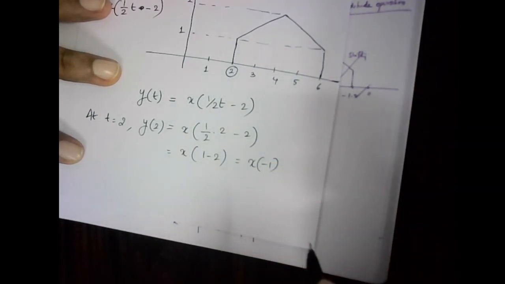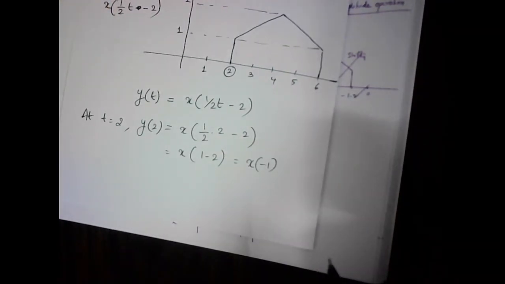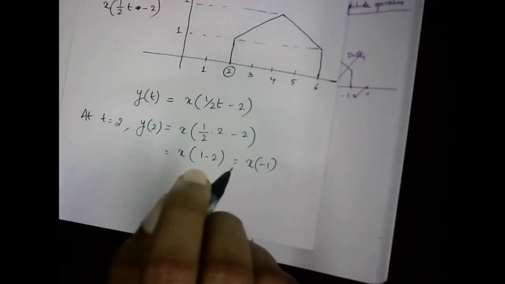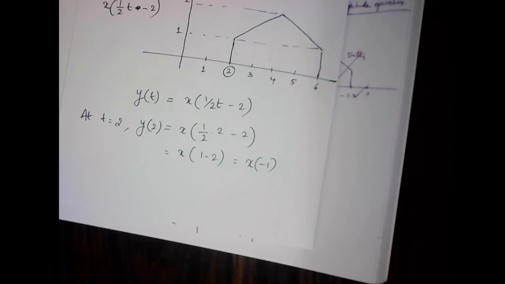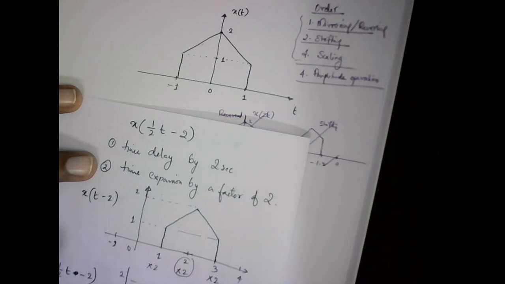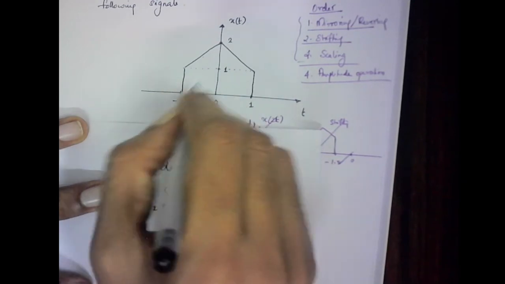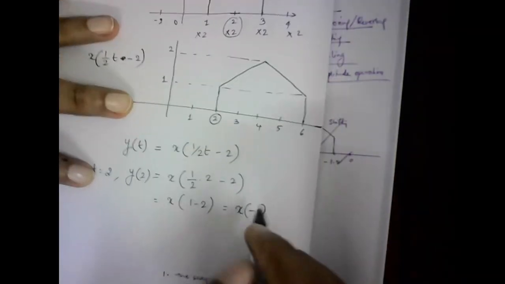What is x of minus 1? You can see from this figure. X of minus 1 is 1. So x of minus 1 is 1, which is the case here.